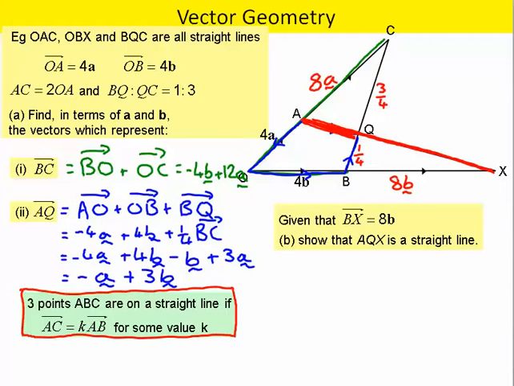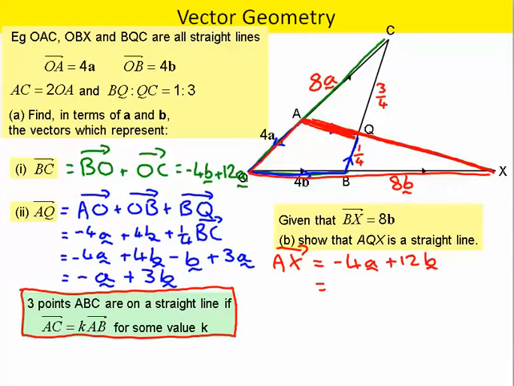So we have that AX is equal to, well, that's along here, so that's minus 4a plus 12b. That's AX, and we can factorize that. What are we aiming for?